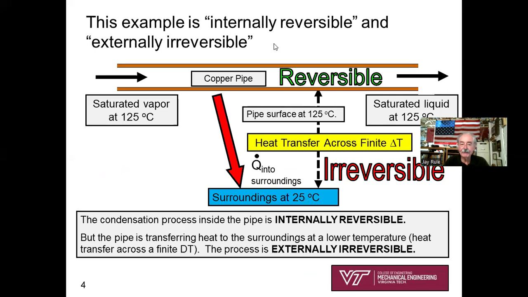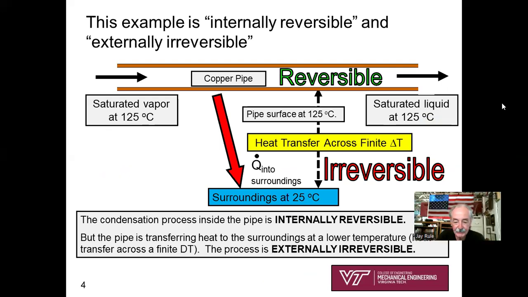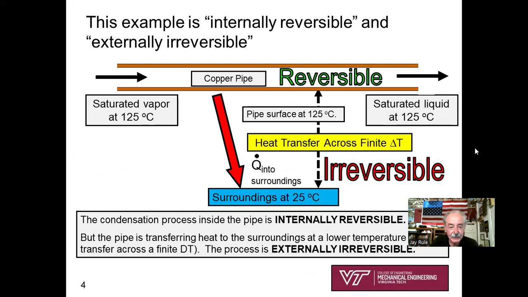Okay, let me try to depict it. This example is internally reversible and externally irreversible. So I'm going to try to draw it again, to drive my point home. Here's my copper pipe in cross section, the little brown pipe. I've got saturated vapor coming in, saturated liquid coming out at 125 degrees C. The pipe surface is 125 degrees C. That's common sense.